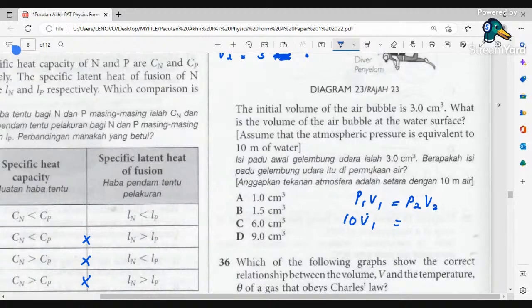P2 is 30, V2 is 3. Okay, so we get the answer, D, 9.